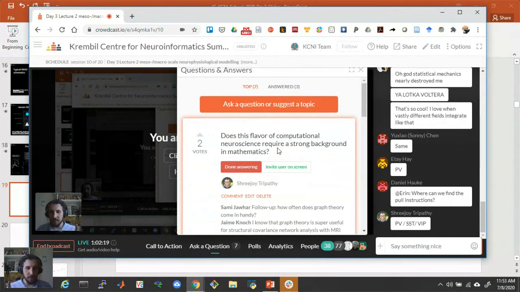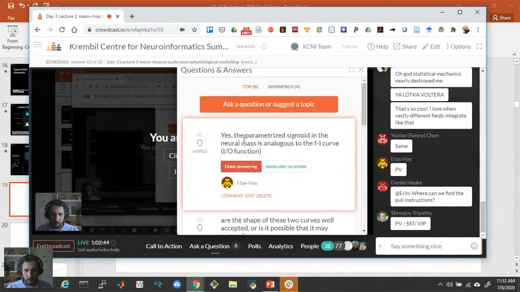There's a place for everyone with more or less any level of background in mathematics. Probably the primary common denominator is, unsurprisingly, you need to be somewhat competent with computational work, which I'm pretty sure everyone here would be. So Sammy has some interesting follow-ups there, but we can talk about those in the break.